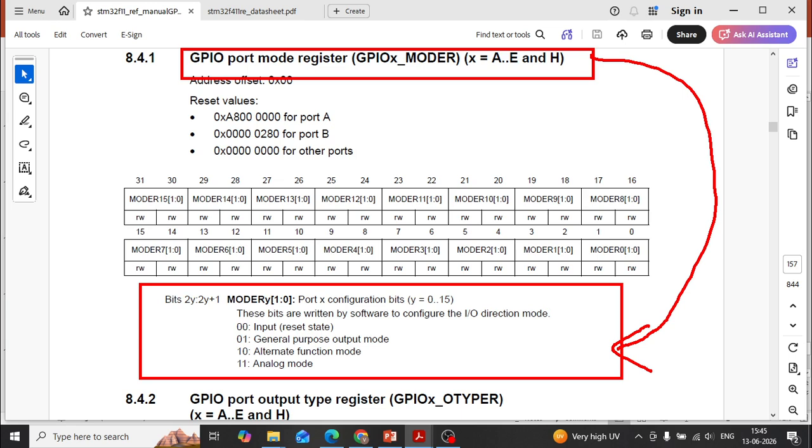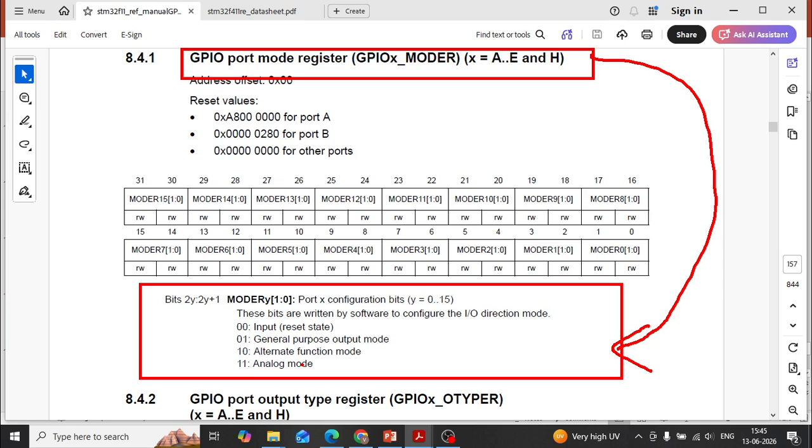This GPIO mode register is used to configure your GPIO as an input port, output port, alternate function, or in analog mode. So you can use 4 different operating modes for your GPIO: input, output, alternate function, and analog mode.